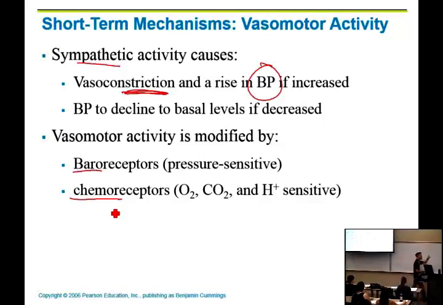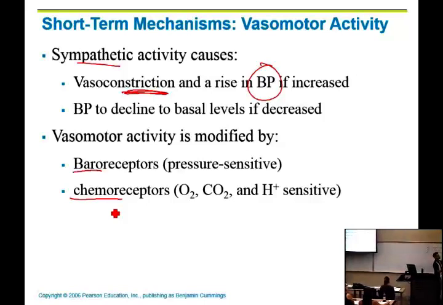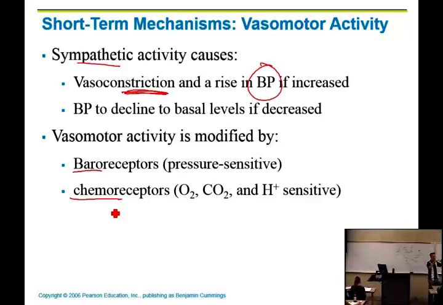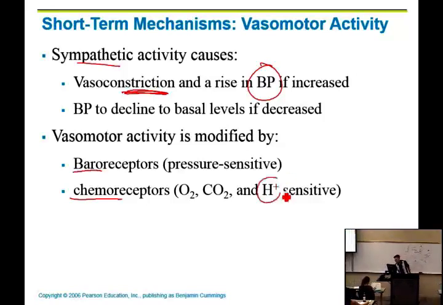So we need to make sure that the oxygen levels are staying high enough, and that the carbon dioxide levels aren't too high. We want to make sure that those are low. So we want good flow in there to circulate around, deliver oxygen, remove carbon dioxide. If those are getting out of whack, we can change the blood flow to flush that out or deliver more, okay?